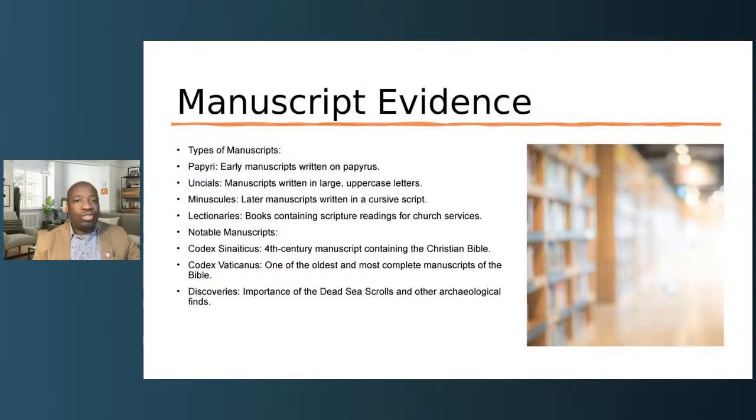Lectionaries, books containing scripture readings for church services. Okay, and so the discoveries, the importance of the Dead Sea Scrolls and other archaeological finds that help to further substantiate manuscripts that we utilize to conduct our exegetical studies.